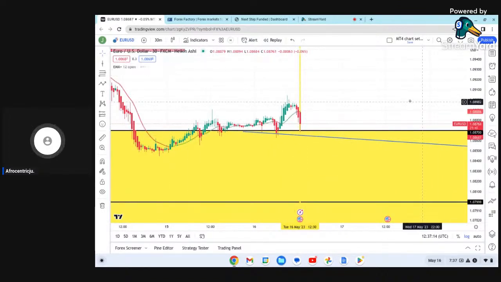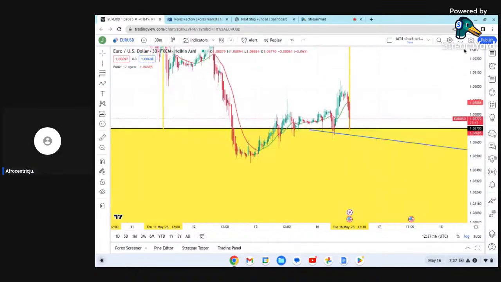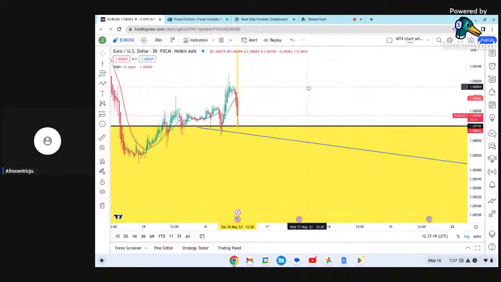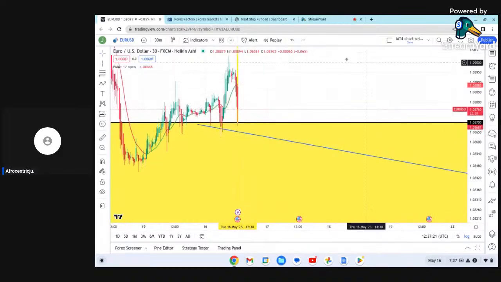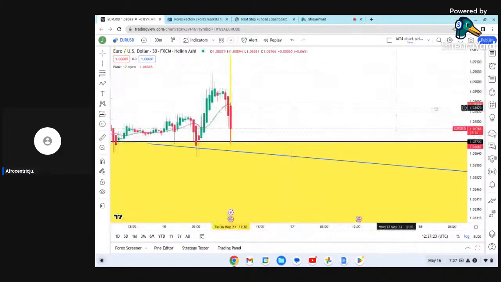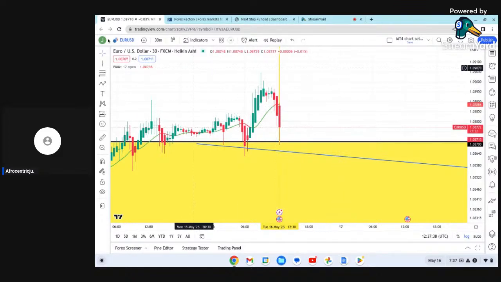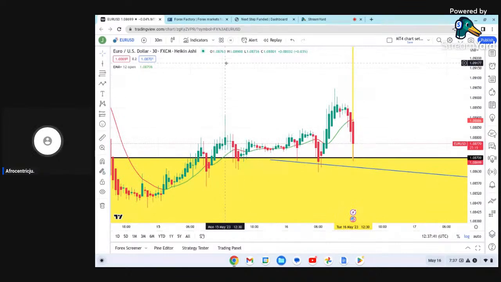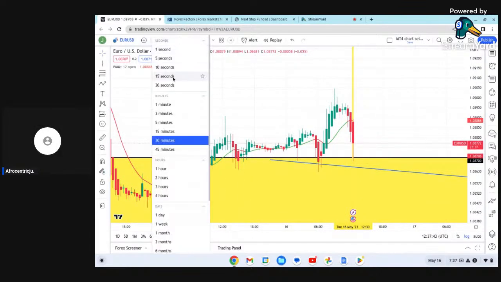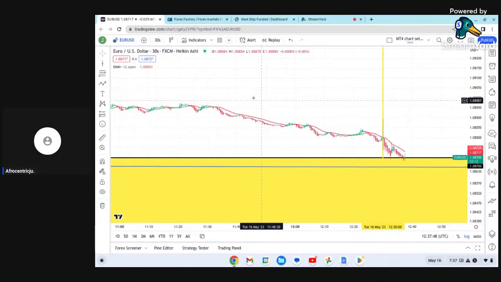So let's take on the EMA. And the way this candle is looking, to me, this is a really bearish candle. Now, I'm going to show you something on the 30 seconds.